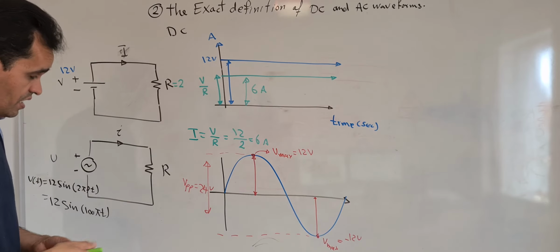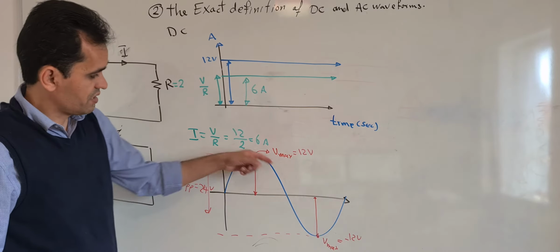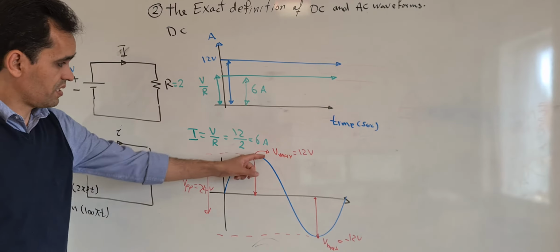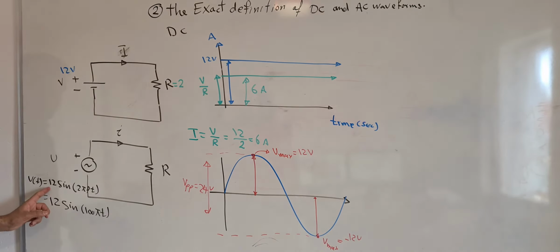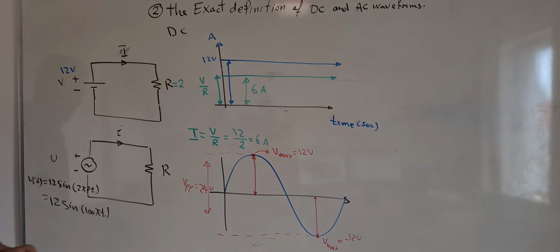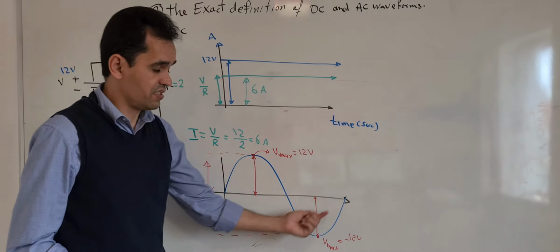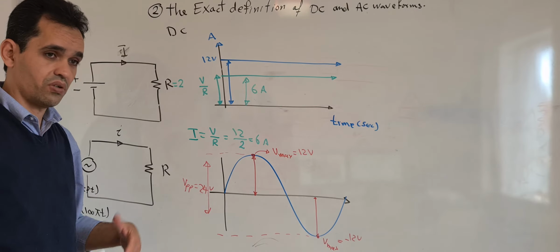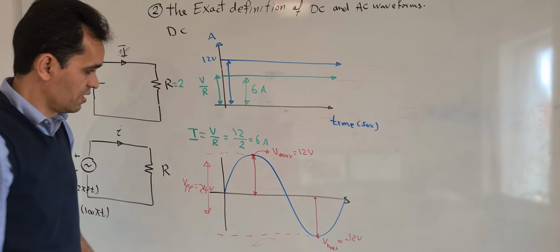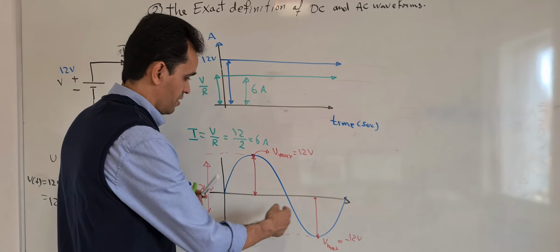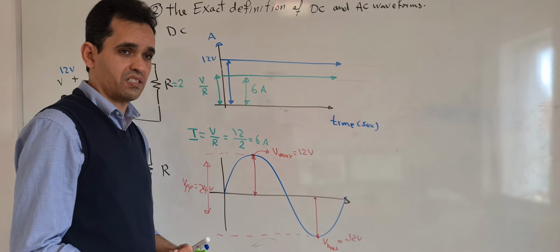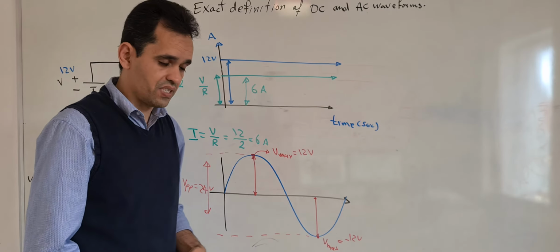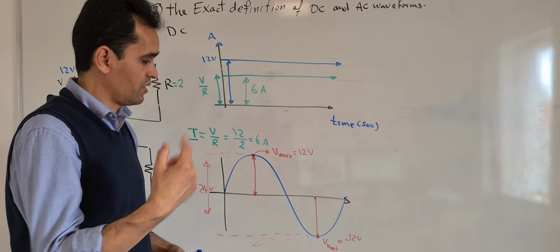Okay, so now we can see the voltage has a sine form, and this sine form has a maximum value, as we can see here, it's 12, and this sine wave repeats itself at a certain time, which we call the period. So now if we say this wave has 50 hertz, that means this signal repeats itself 50 times in 1 second.